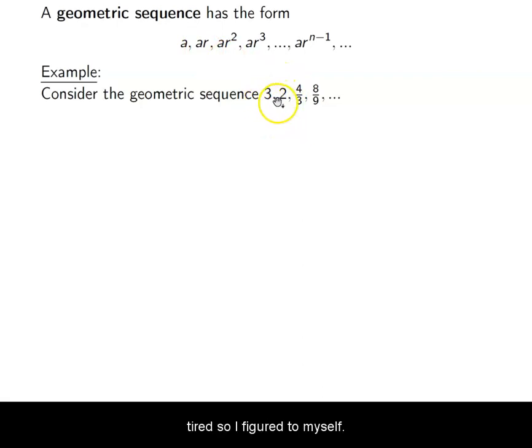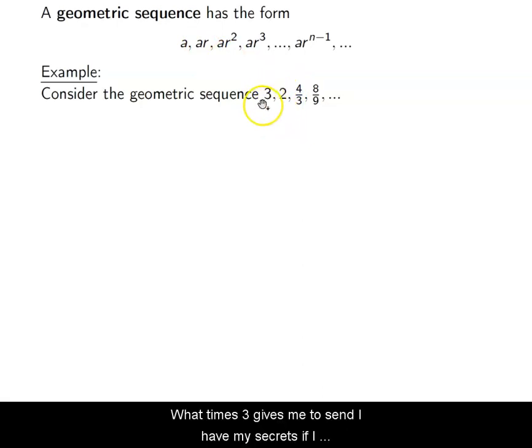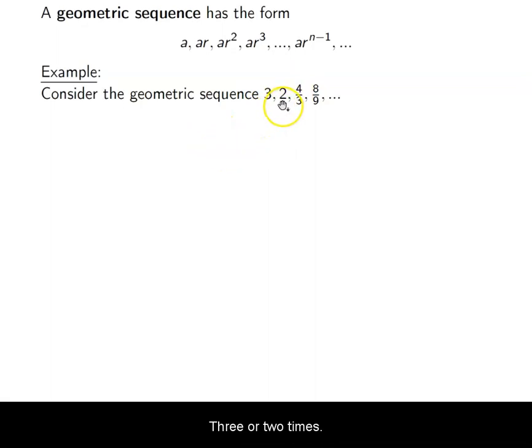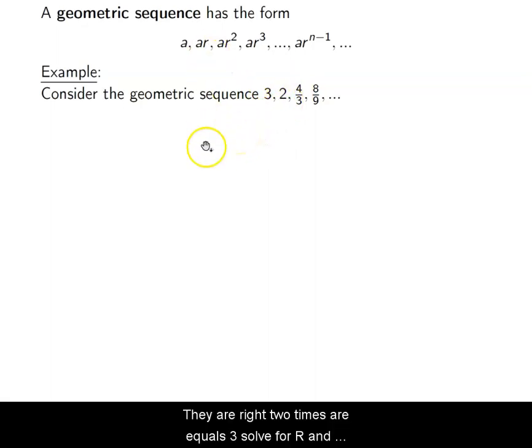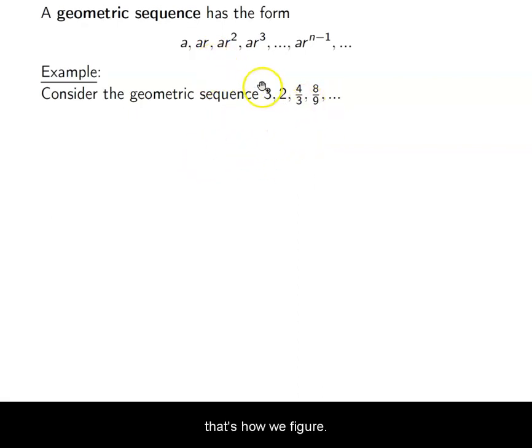So I figure to myself, what times 3 gives me 2? And once I figure that out, then I have my sequence. I can really just set that up as an equation: 3 times r equals 2, solve for r, and that's how we figure this out.